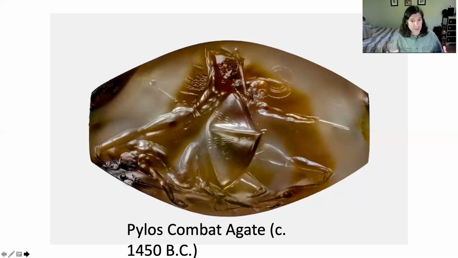The Philistines from the Bible were one of these Sea Peoples. So the downfall of Mycenaean civilization is part of a much larger phenomenon, a kind of remaking of the ancient Near East.